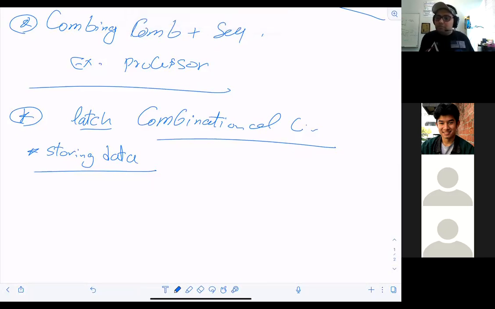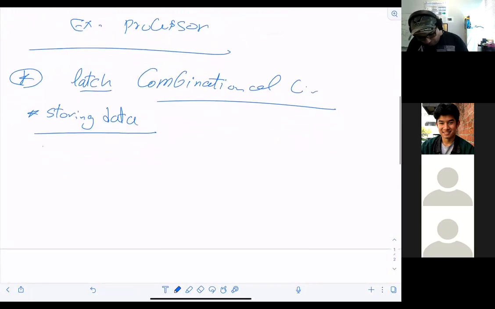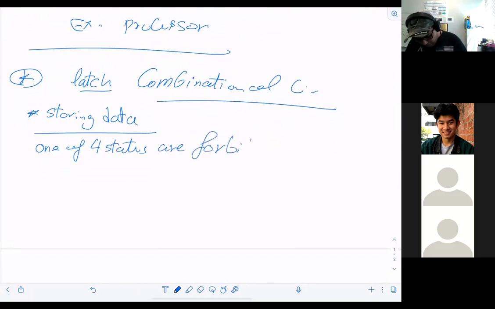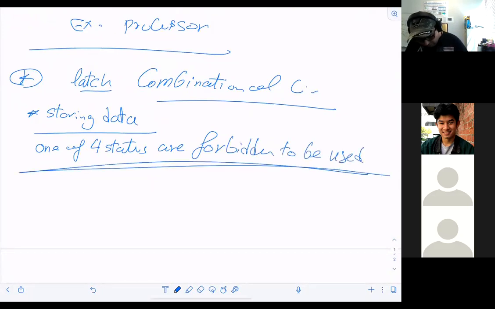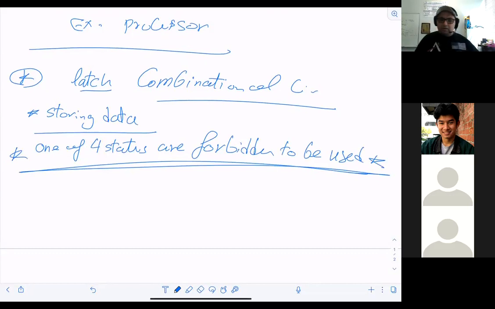There is no time: how long I can store the data, and when I can release the data. Also, from our discussion last time, we found out there is one state that is not used. That makes sense? So one of 4 states is forbidden to be used. Sounds good?